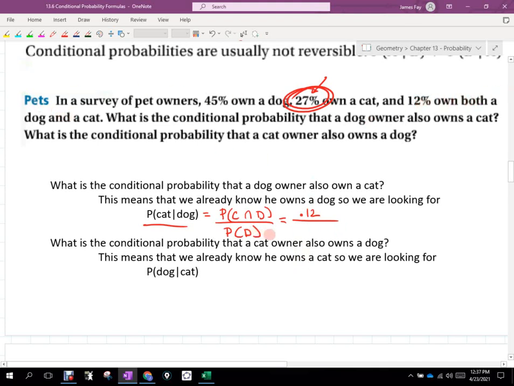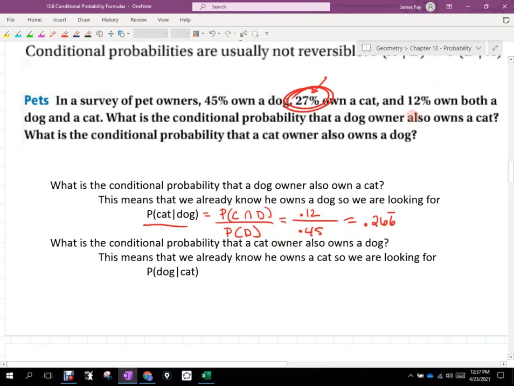Probability to own a dog? 45. So now, if I go 0.12 divided by 0.45, cat and dog divided by a dog is now 26.6%.